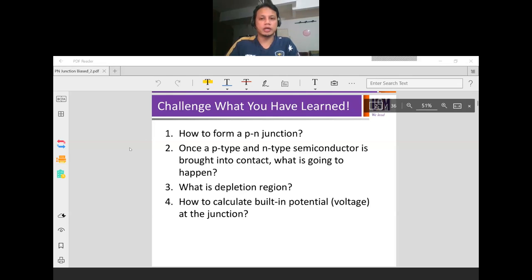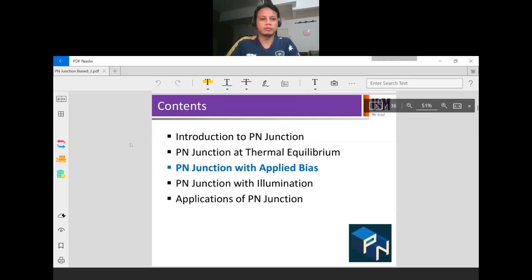All right, so let's move on to this topic now. As outlined last time, when discussing PN junction, we're going to talk about a few sections. The first one, we've discussed PN junction at thermal equilibrium.